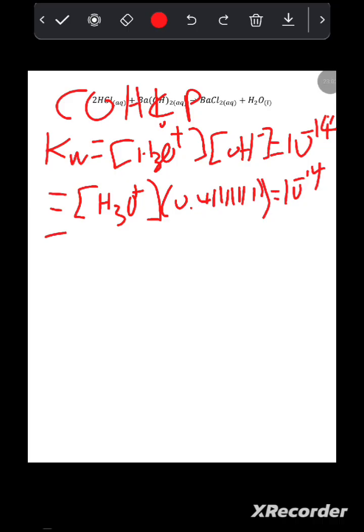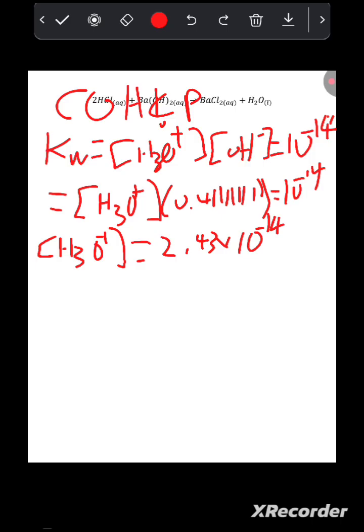So now the concentration of hydronium ions is equal to 2.43 times 10 to the power negative 14 mole per cubic decimeter.